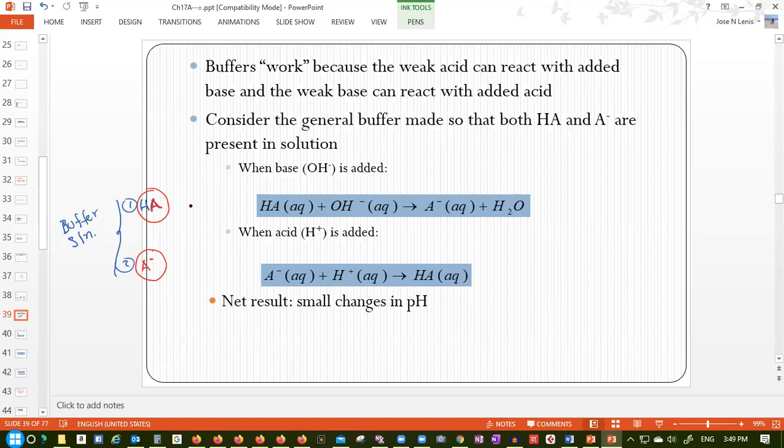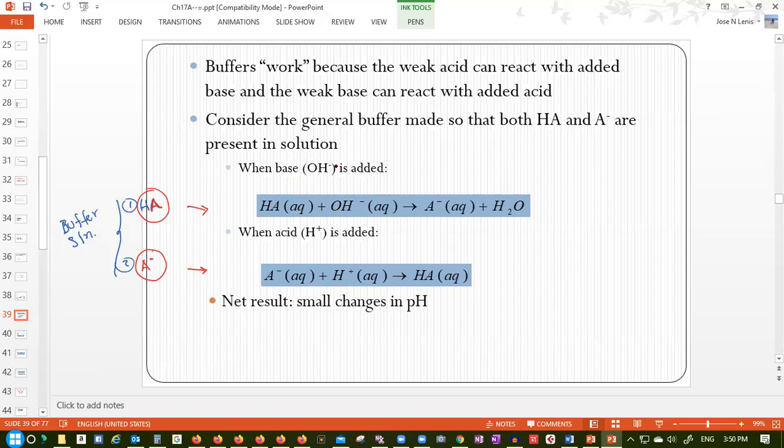And therefore we have two equations. The first equation is the ionization of the weak acid, which is the one that we already know. The weak acid here.